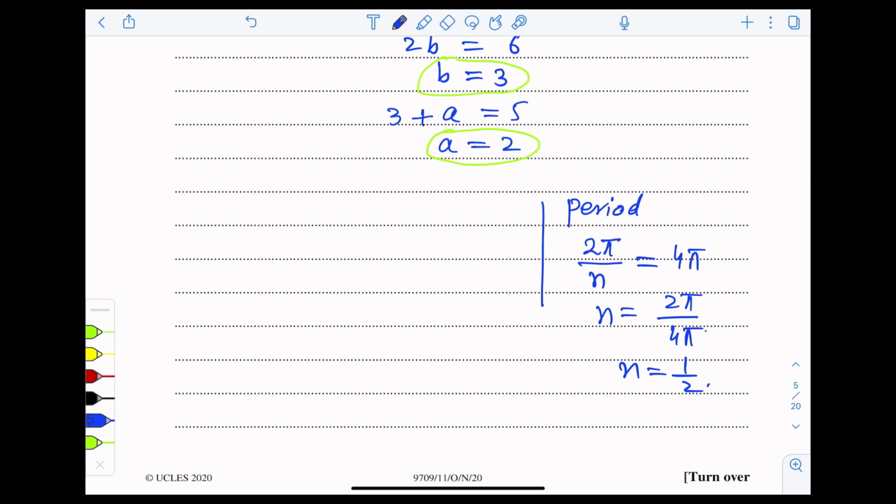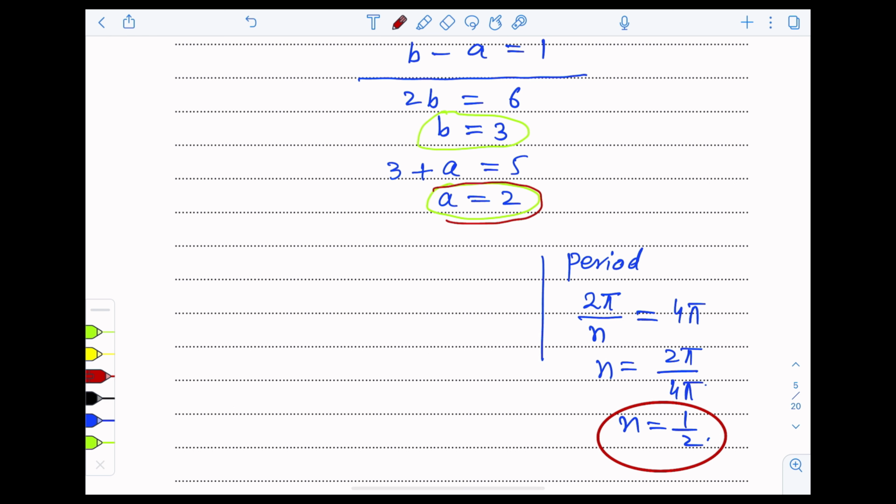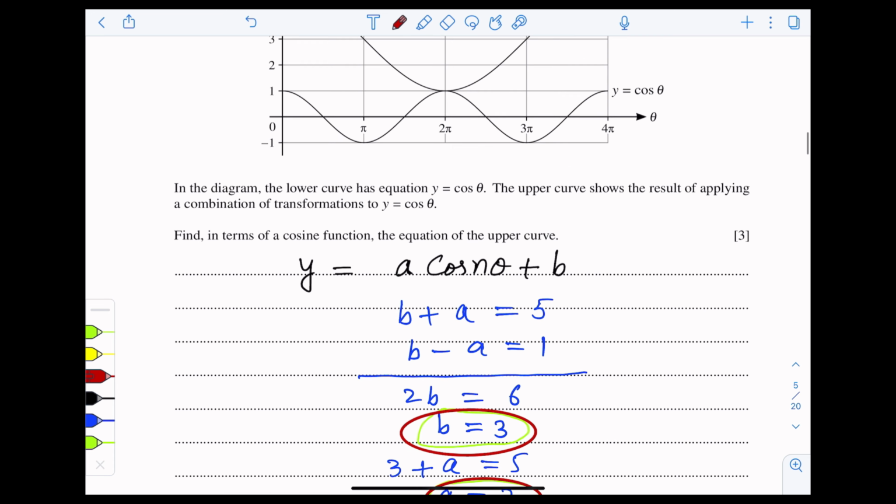So we will put these values. N is equal to 1/2, A is equal to 2, B is equal to 3. These values we will put here.